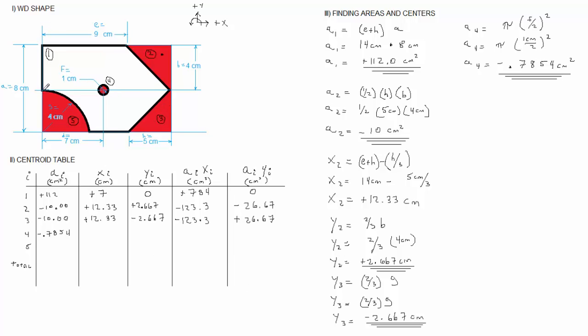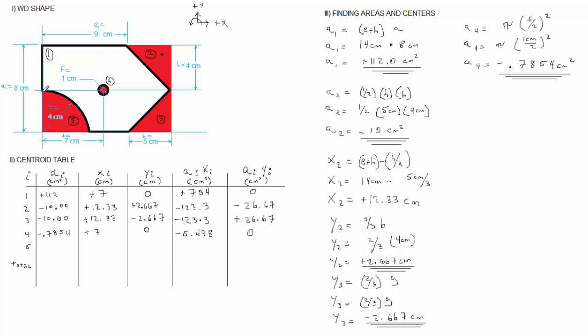Since our 0, 0 is right here, shape 4 is exactly d away from the center. So the x is positive 7. Since it's on the x-axis, it's 0 centimeters away from the y center. Once again, there's no work to show if those are directly dimensioned. Now we can multiply out our AiXi and our AiYi.